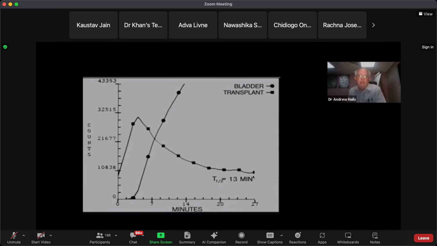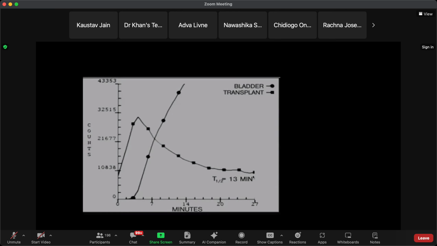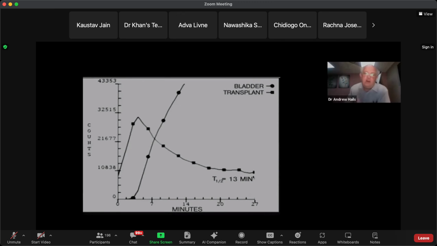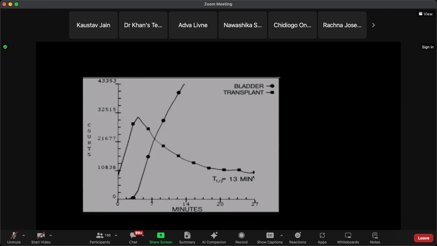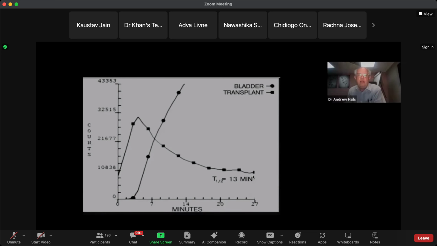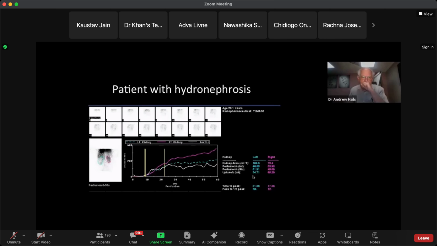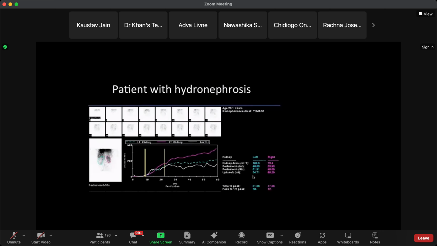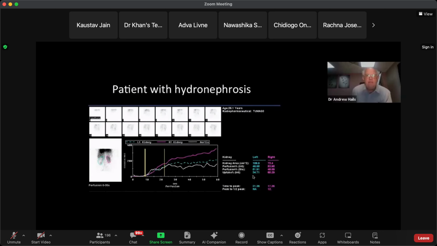So in fact, we said normal half time was 8 to 12 minutes, and this is 13 minutes, which is really not bad at all for a transplant patient with a single kidney. It's working quite well. Now, this person, it says they have hydronephrosis, so they probably found that from an ultrasound. So what have we got here?